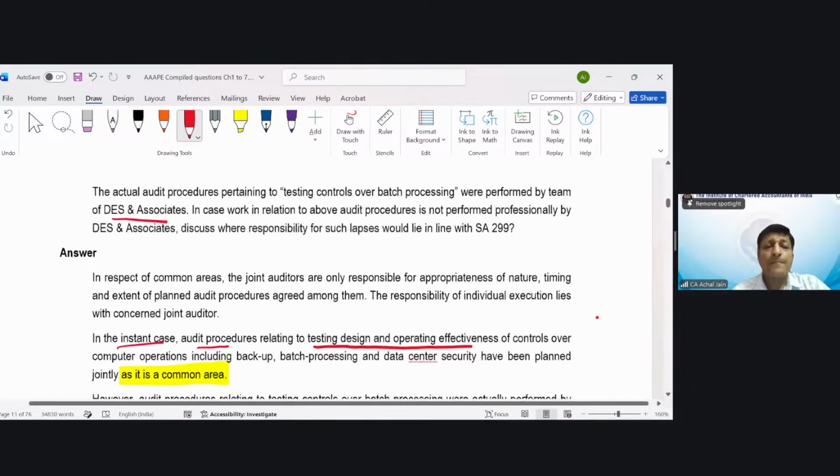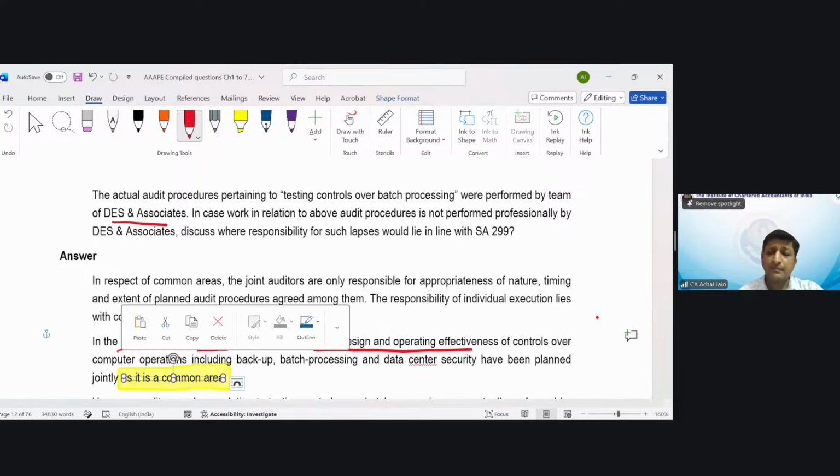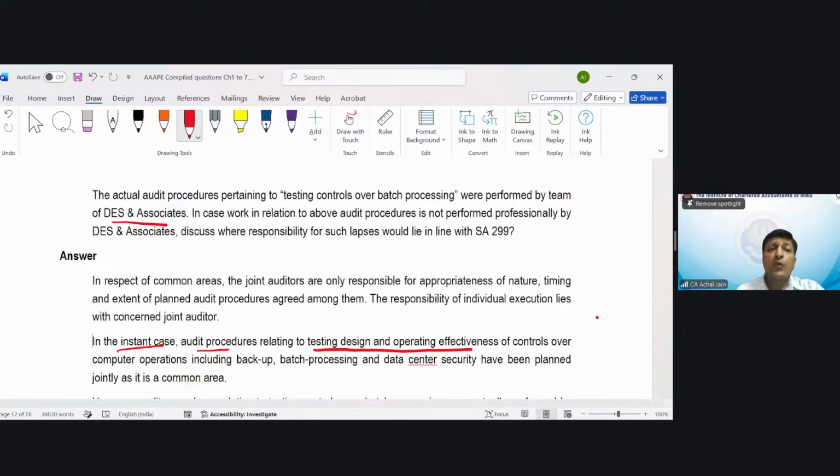Now, actual audit procedures pertaining to testing controls over batch processing were performed by the team of DS and Associates. That means one of the audit firms performed.